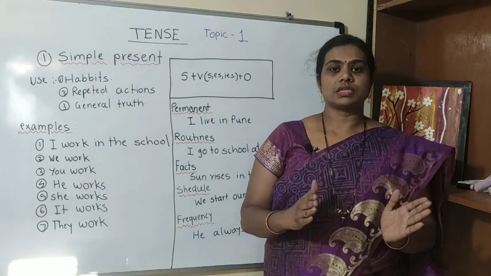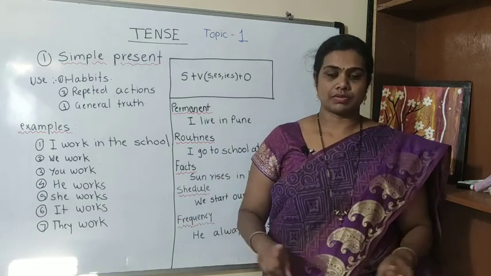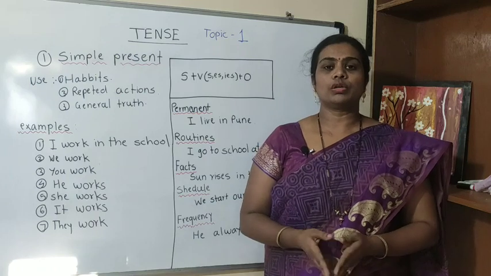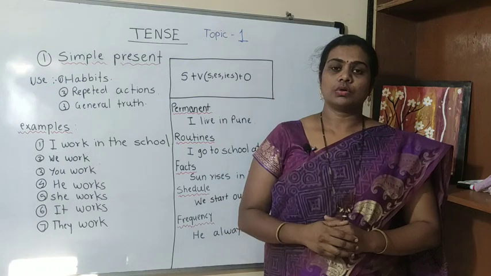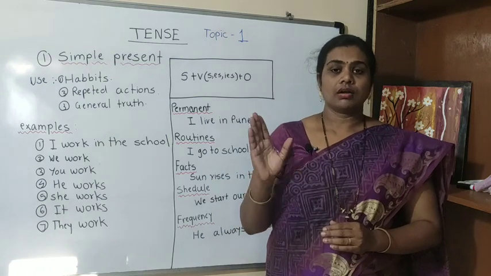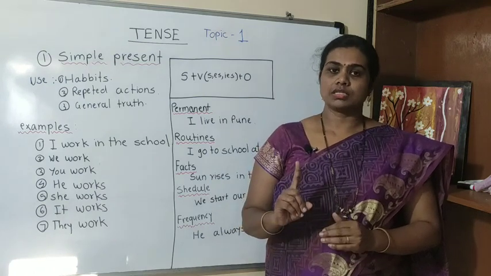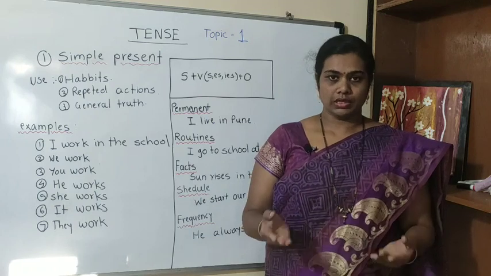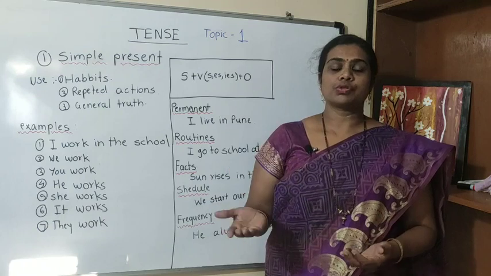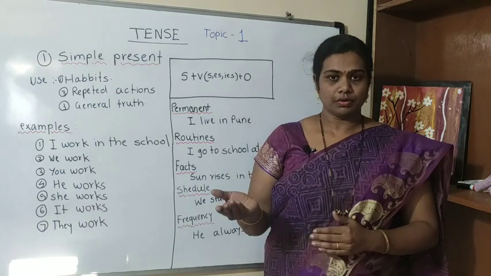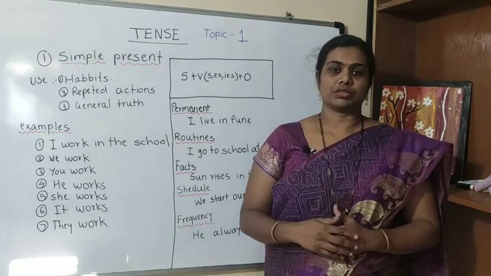So tenses basically define the time frames. In tense there are three different parts. First is the present, what we live; the past, what happened in the past; and the future, what is going to happen in the future.